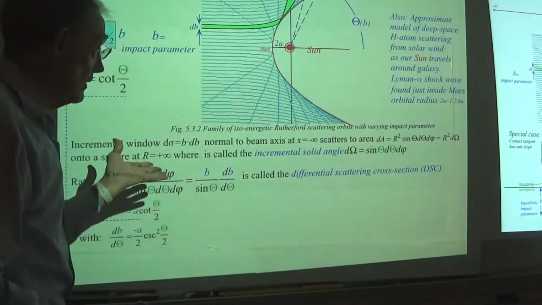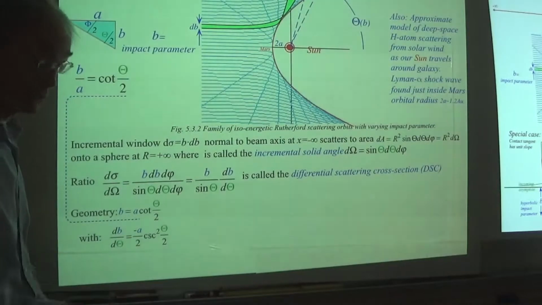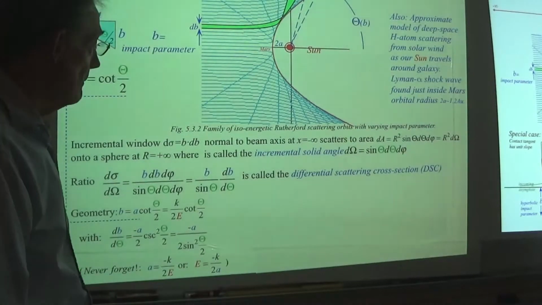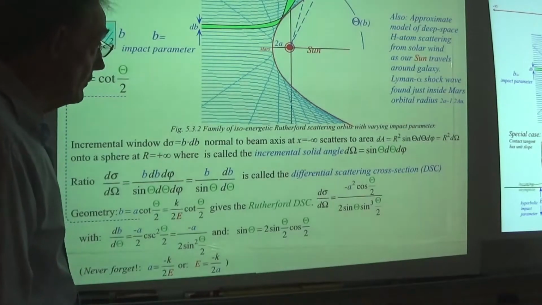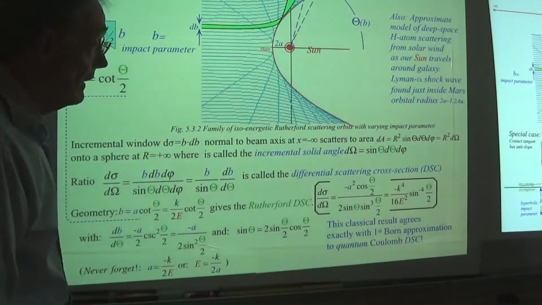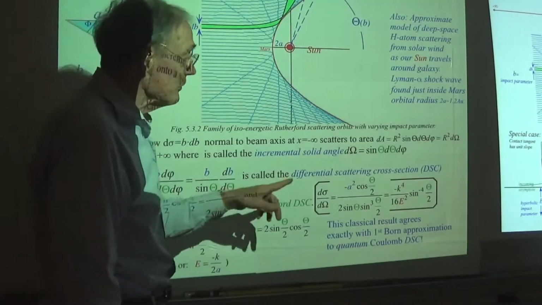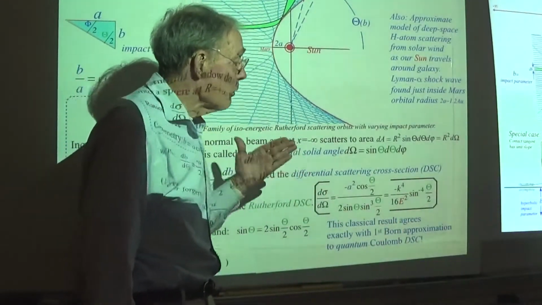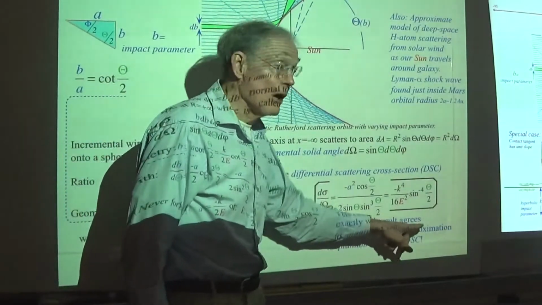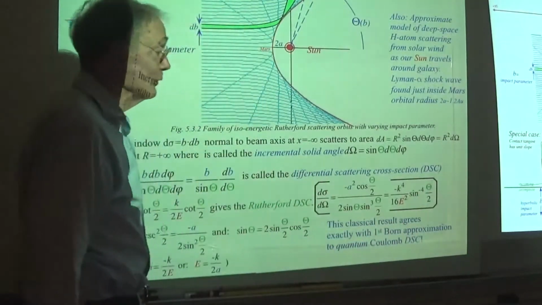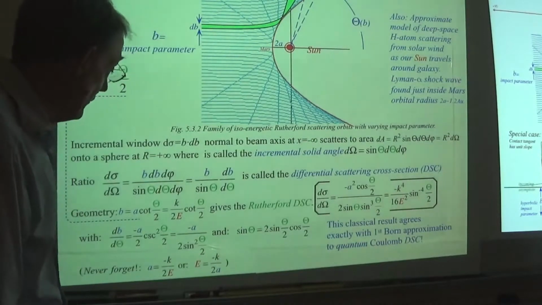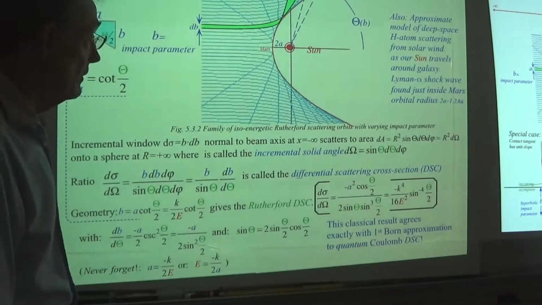And that's all there is to what's called the differential scattering cross-section. What's really interesting about this, I won't stop and go through all the trigonometry, but the steps are all there. This classical result matches the quantum first-Born approximation, which is all most people do for quantum Coulomb differential scattering. So that is an interesting thing as well.